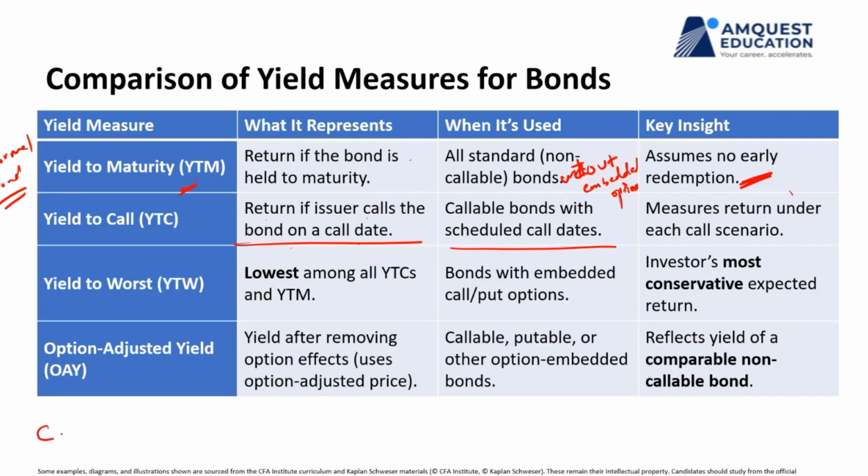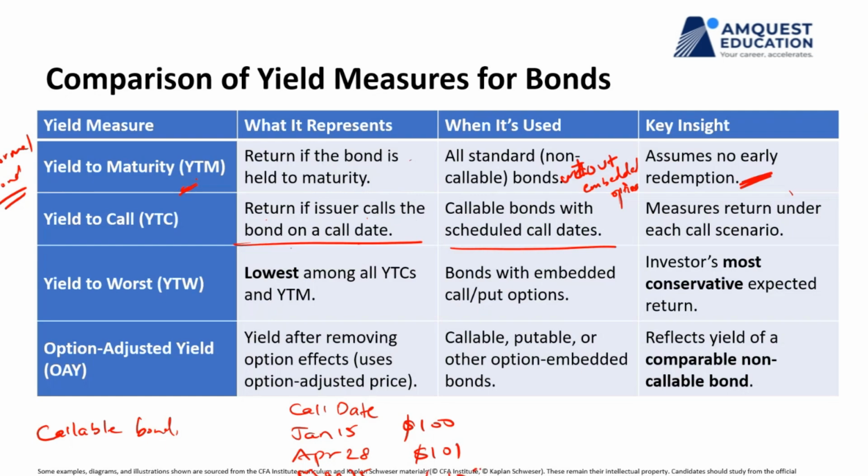What I can do is issue you a callable bond and give you call dates. So I can say the call dates are, let's say, January 15, April 28, May 15, three call dates. If I call on January 15, I'm going to give you $100. If I call on April 28, I'm going to give you $101.